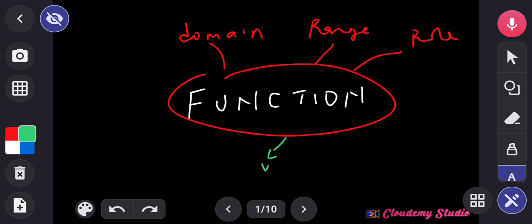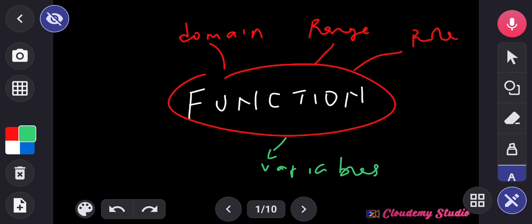That is why I said that it is composed of the domain set, the range set, and a rule of correspondence that assigns exactly one element of range to each element of domain.